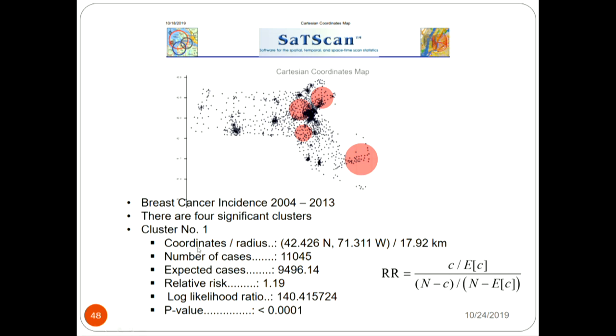Here I only present 1 cluster, with the number of cases, the observed number of cases you saw in the previous table, and the expected number of cases. Then the p-value and the relative risk, which is calculated based on this formula here. It also shows the most likely cluster region, the location, and the size of the region.